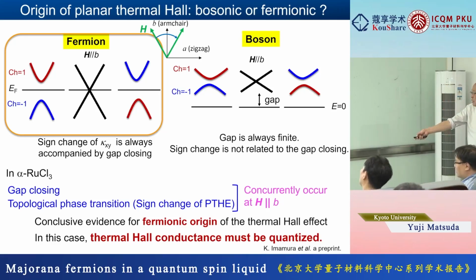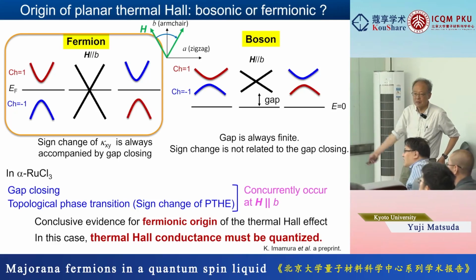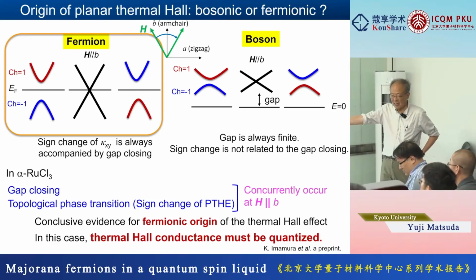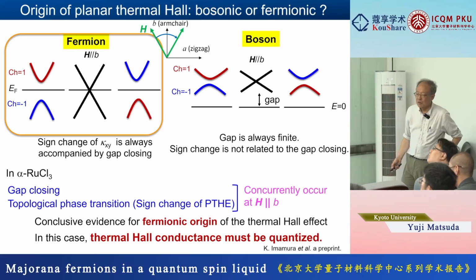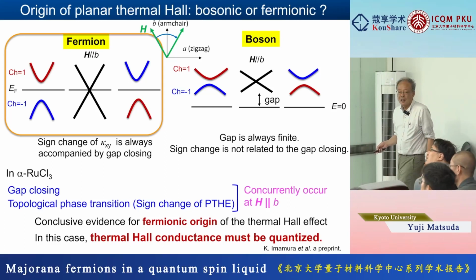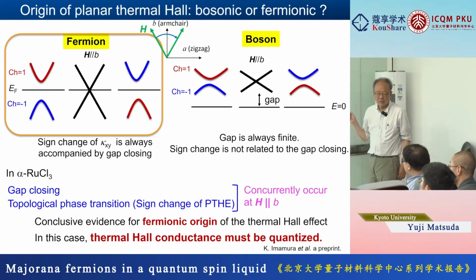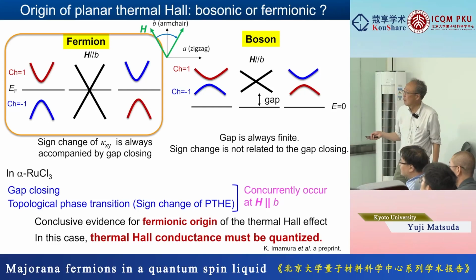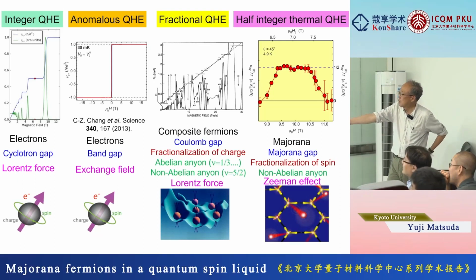If we accept the fermion, the thermal Hall conductance must be quantized at T equals 0 because of this band. So this is our conclusion: the quantized Hall effect is realized in this system. If you compare the integer quantum Hall and anomalous Hall, the origin is electrons, and the cyclotron gap and band gap.